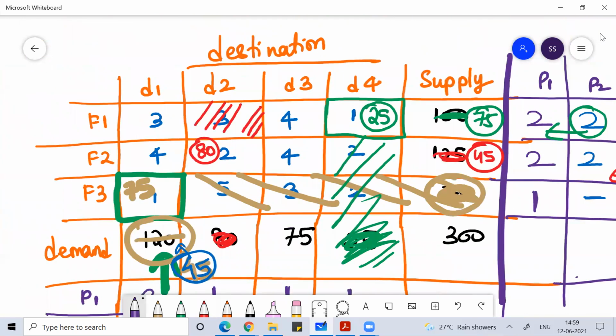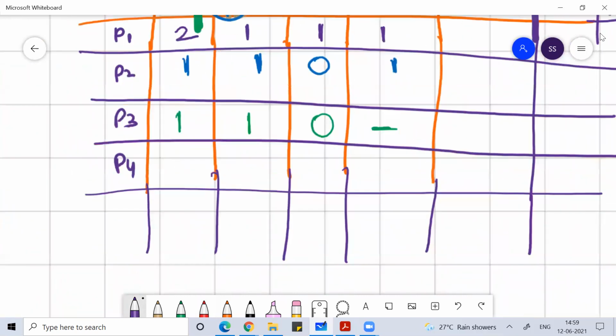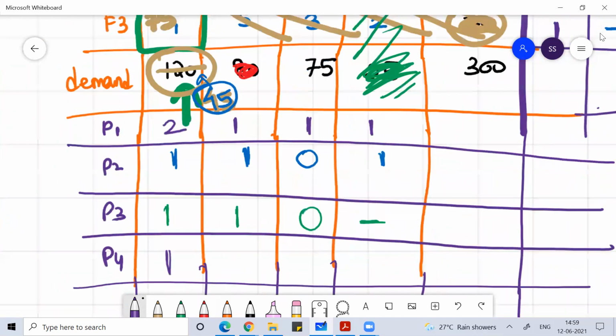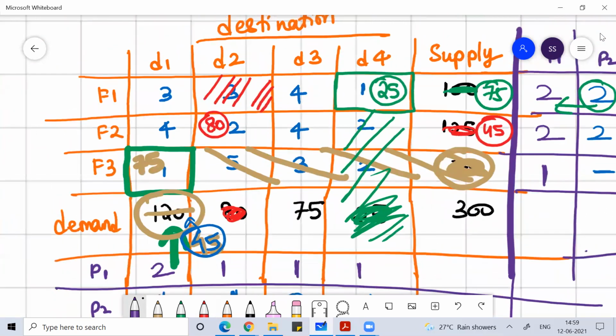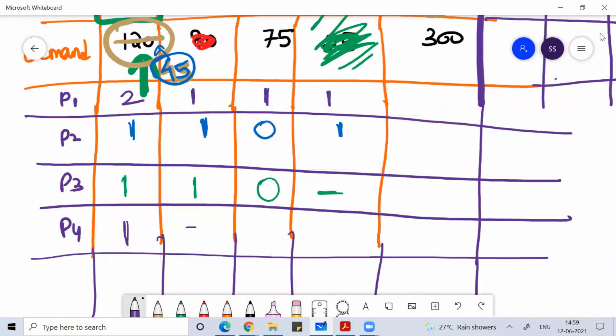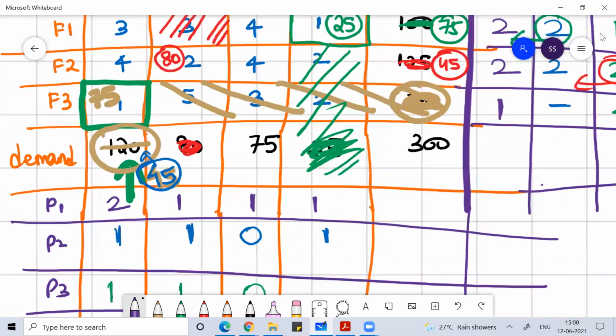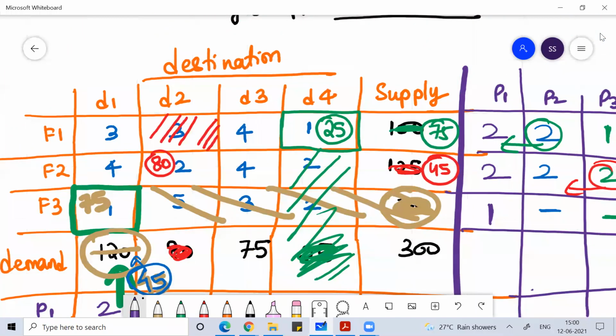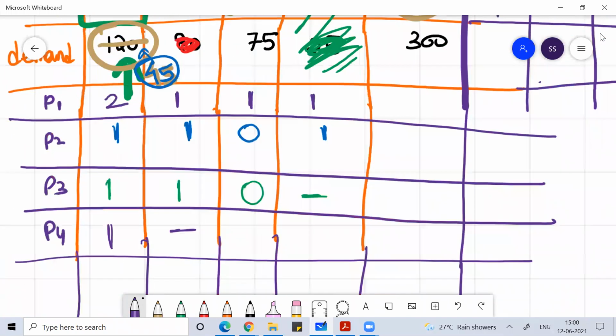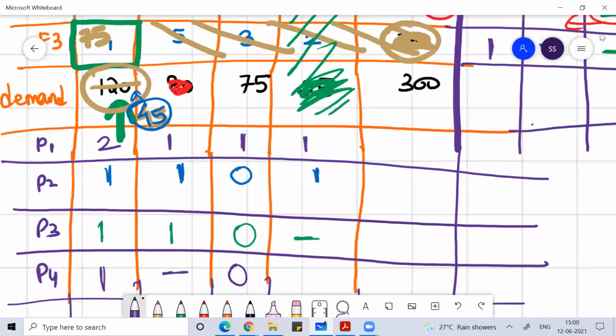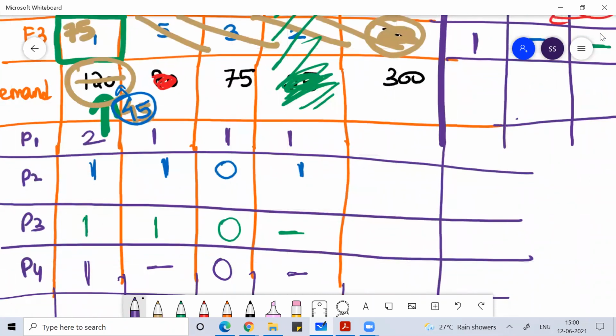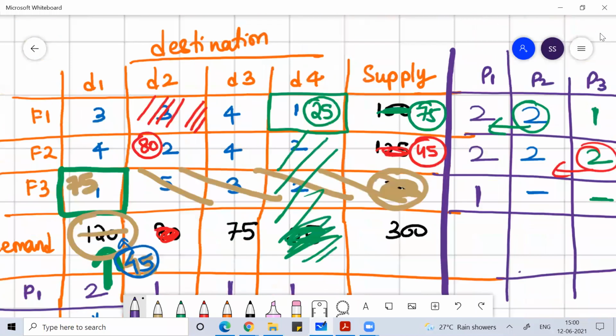Fourth penalty: this is 4 minus 3, 1. The second column is done now; no element is left in the second column, so leave it. Third is 4 minus 4, 0. Then the fourth column is dash only, so nothing can be done for that.